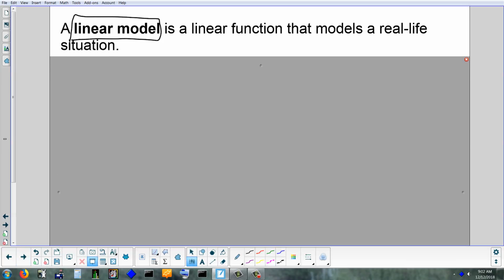And our situation can be represented by a straight line. Not everything in real life you can use a line to represent, but our problem is going to be nice and simple. So it's going to be like a straight line equation. And what's the form we've been using all class? Y equals mx plus b. So that's the kind of linear model that we want to come up with.